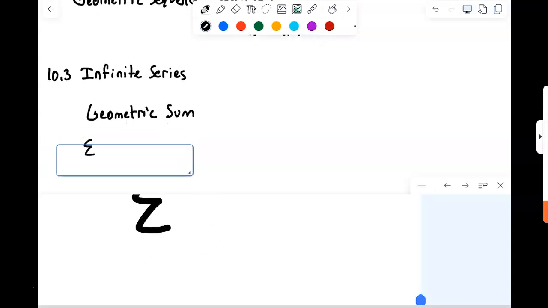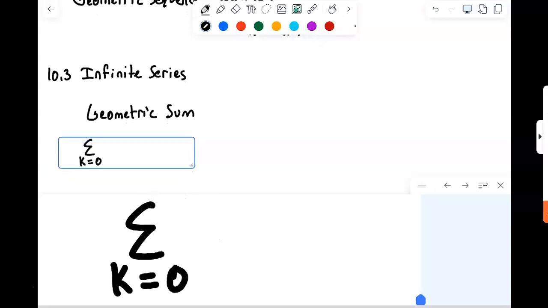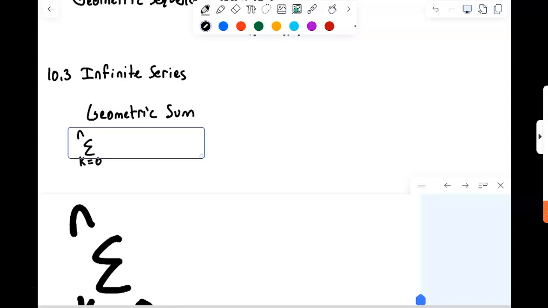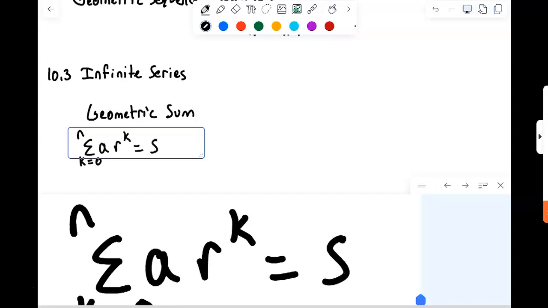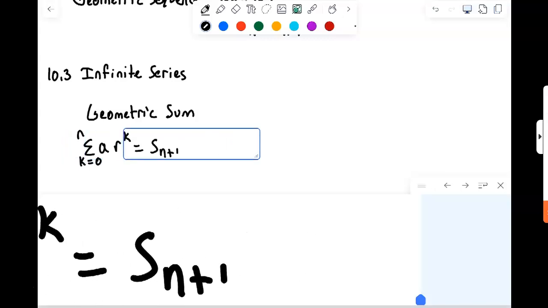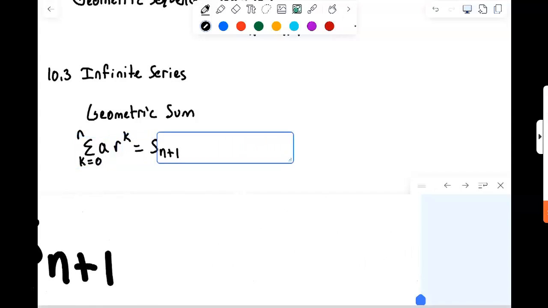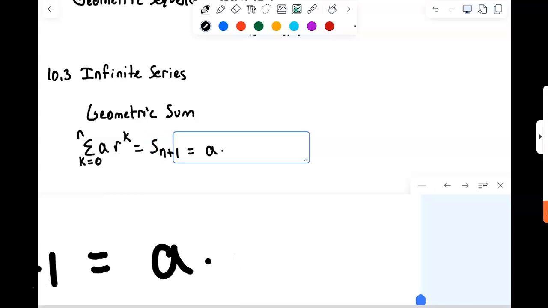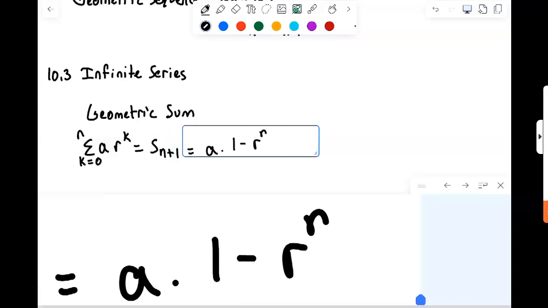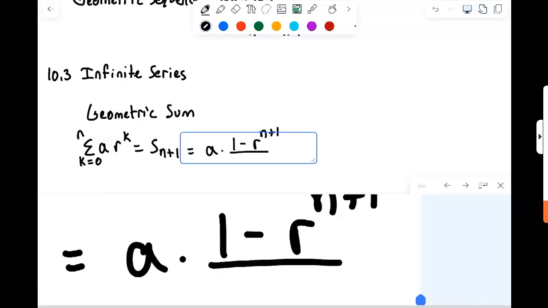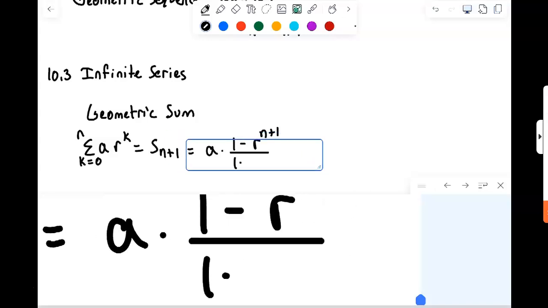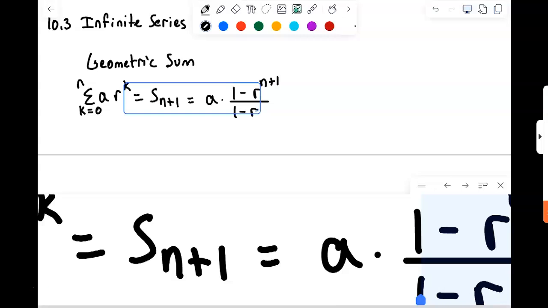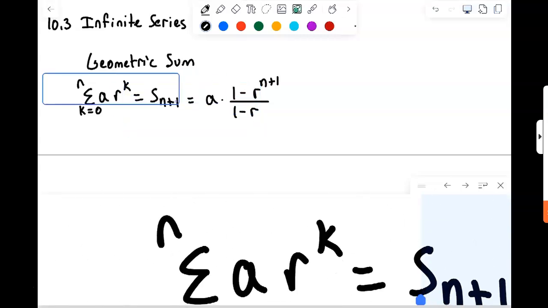That was the sum as k goes from 0 to n of a r to the k. Remember, that's the partial sum S n plus 1, and that's just a times 1 minus r to the n plus 1 over 1 minus r. If you want the S n sum, then that sum would go to n minus 1.